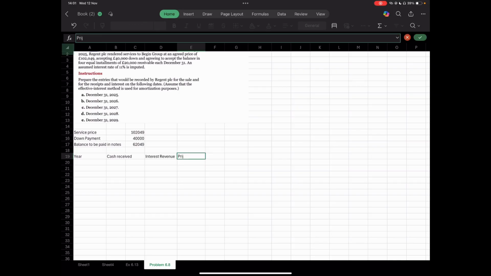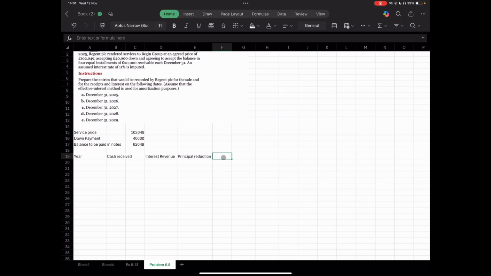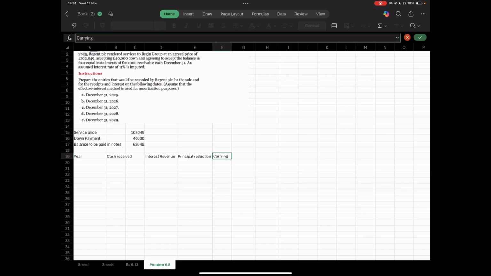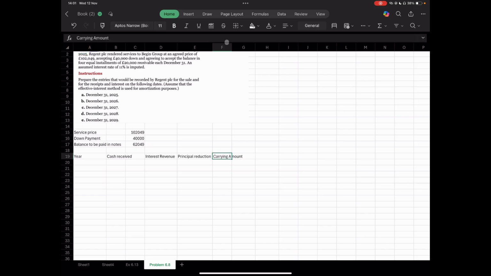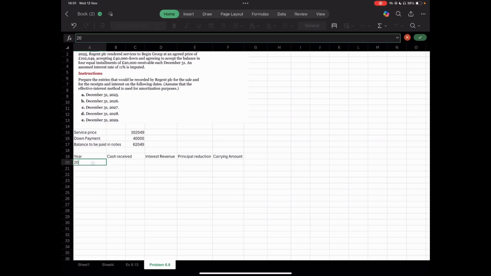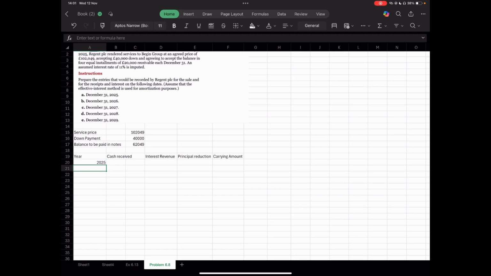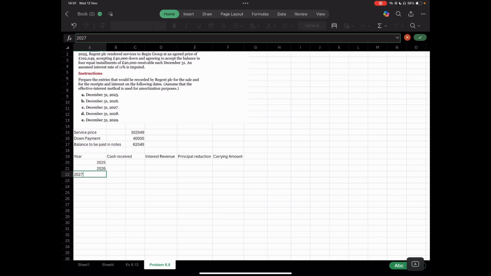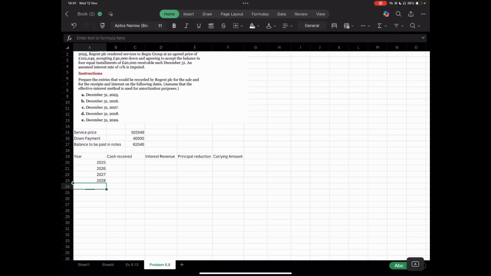Principal reduction. Carrying amount. First year 2025, 2026, 2027, 2028, 2029, and that's it.